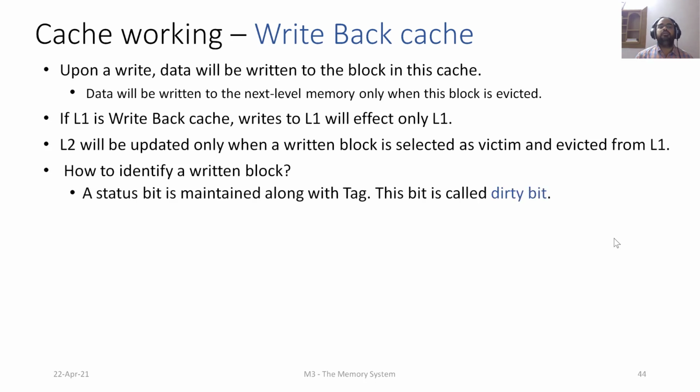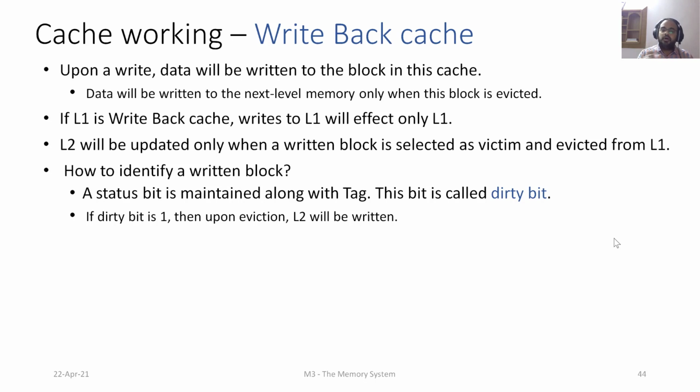Accordingly, we need to introduce one more status bit along with the tags, which is called the dirty bit. We already saw the valid bit, then the status bit to maintain the recency information for cache replacement, and here is one other piece of information that we need to maintain, which is the dirty bit. If the dirty bit is set to 1, it means that this particular block was written to.